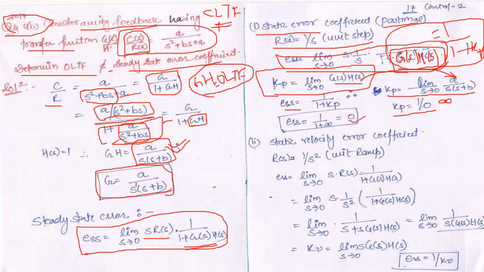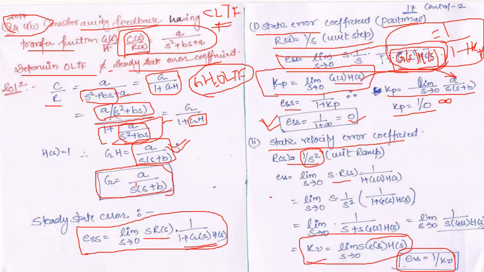And that's what I discussed, that ESS for a type 1 system subjected to unit step is always 0. Okay, there is no steady state error. It will purely follow the unit step input which we will be providing here. That is why steady state error is 0. Now static velocity error coefficient: apply 1 upon s square, that is the unit ramp, to the system. If you solve that in the same way, you will find that ESS can be written as 1 upon Kv, where Kv is equal to limit s tends to 0 of s into G(s)H(s).